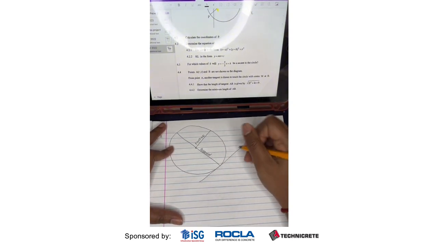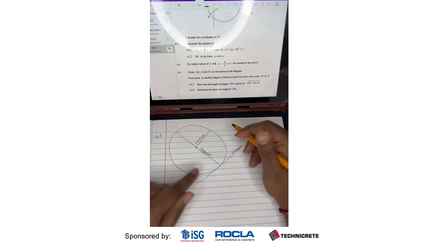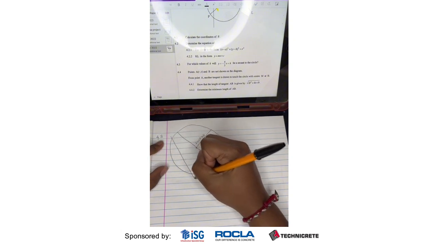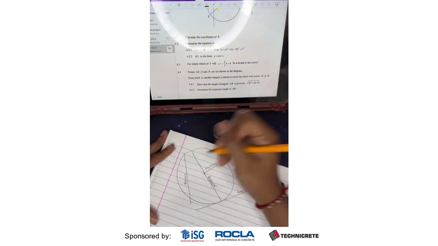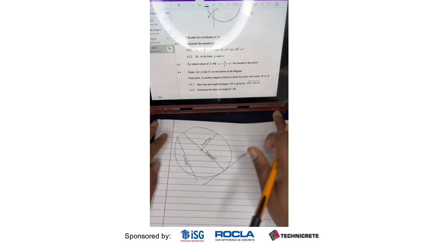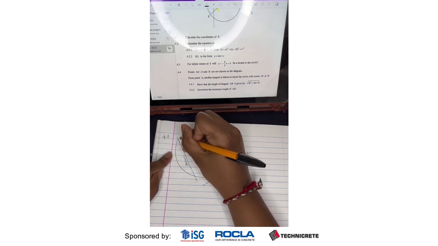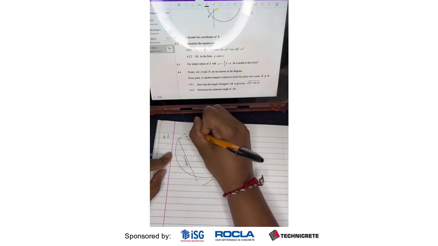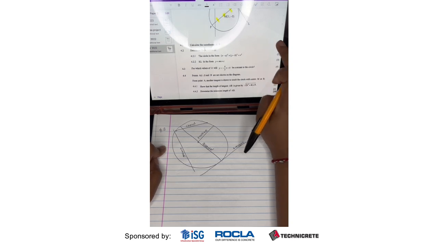So the line going across is a tangent, but it's not within the circle. A line that's not the diameter that's going across, that is what we call a secant. So it's in the circle, but it's not on the outside. And then the last part is from one point of the circle to another point of the circle. That is called a chord. So this is just terminology related to the circle.